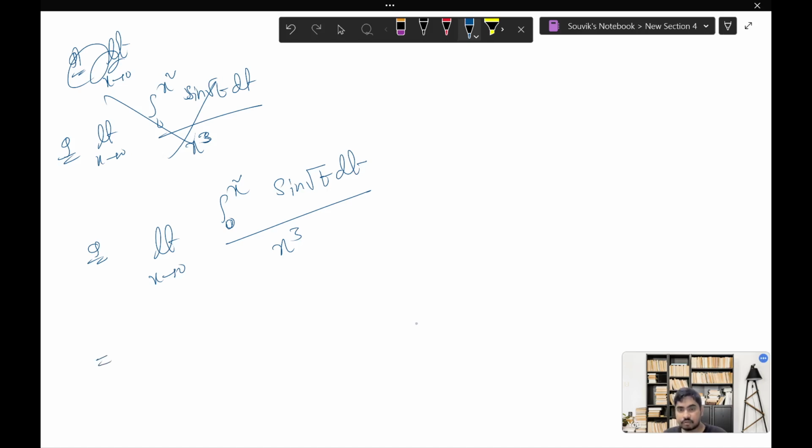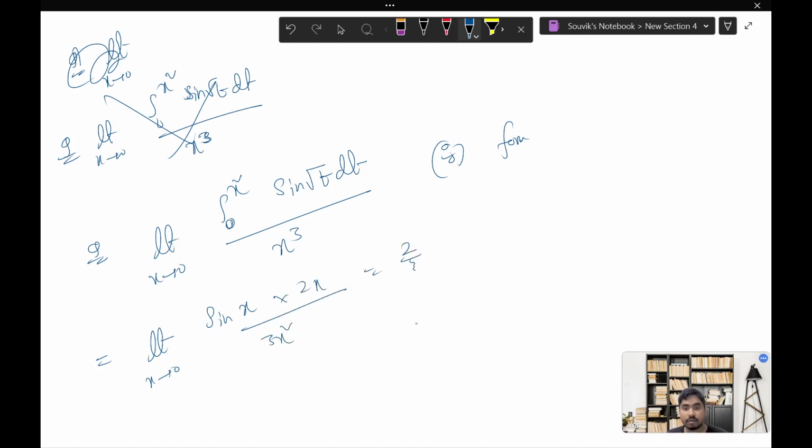So now it is a 0 by 0 form. Now this is 0 by 0 obviously. So we are now going to use Taylor's theorem. So it will be sine x, 2 by 3 x squared.